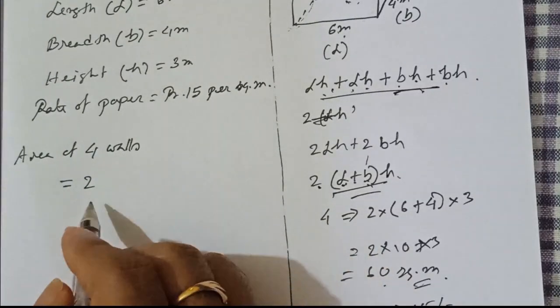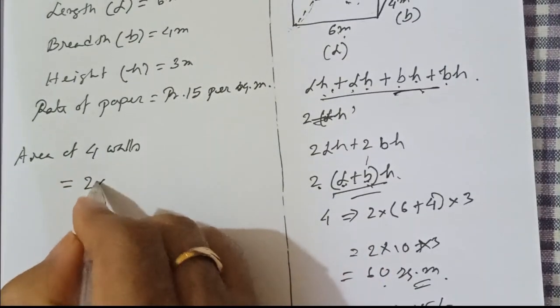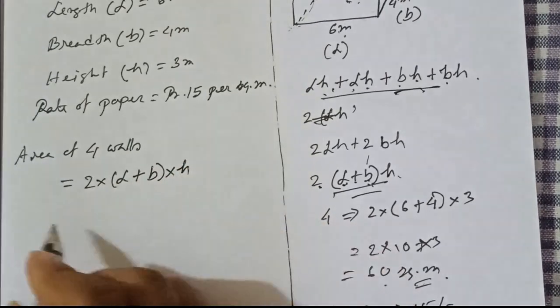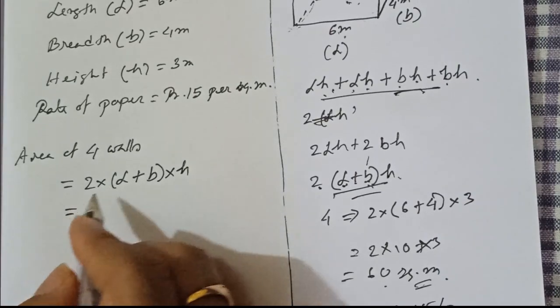So twice into (length plus breadth) into height. This is the formula.